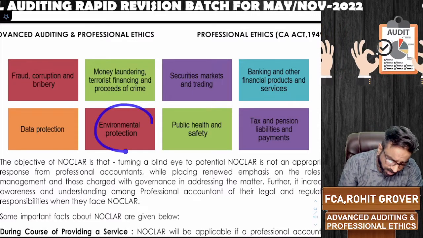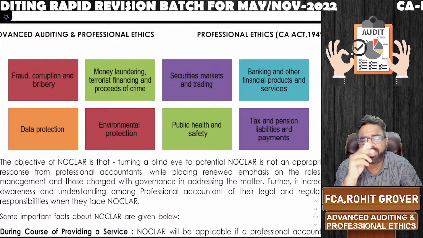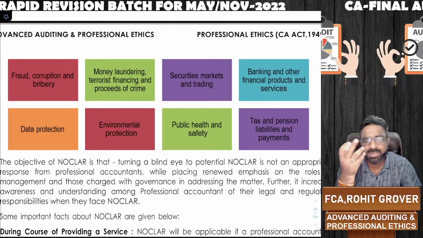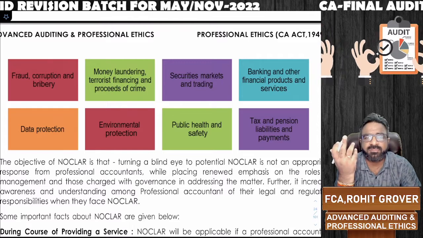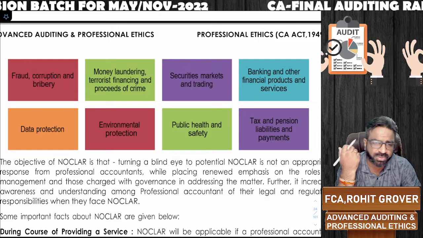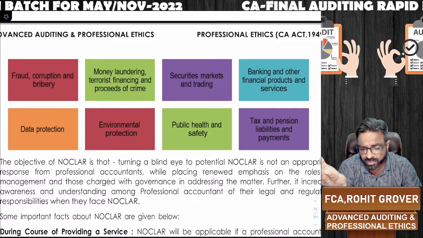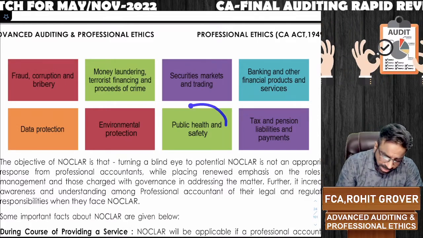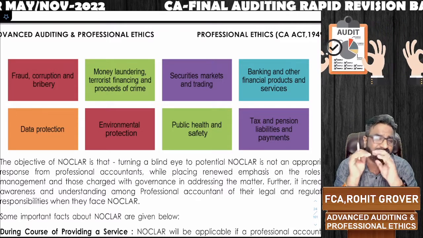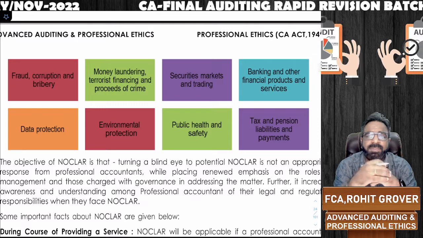We are also going to report those NOCLARs which relate to environmental protection. Say, for example, the Air Pollution Act is applicable to you, but you do not have proper welfare, safety and health measures for your workers in the factory. NOCLAR relating to public health and safety: suppose you are doing any kind of business which is bringing danger to public health and safety.